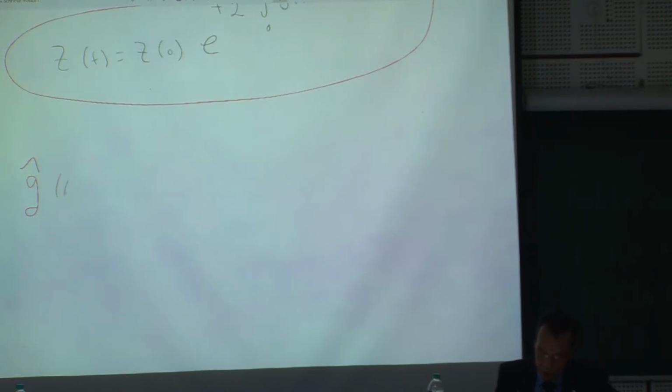G hat of t. I define it as a limited bandwidth Fourier transform as 1 over twice pi integral from minus, say, frequency capital omega to plus capital omega of r bar of omega e to the j omega t d omega.